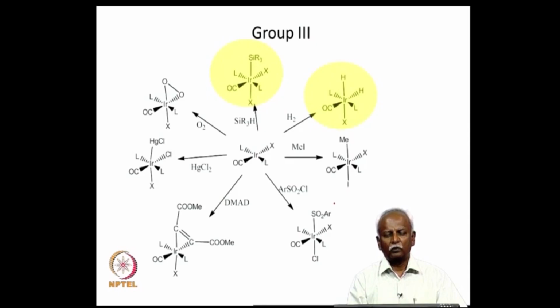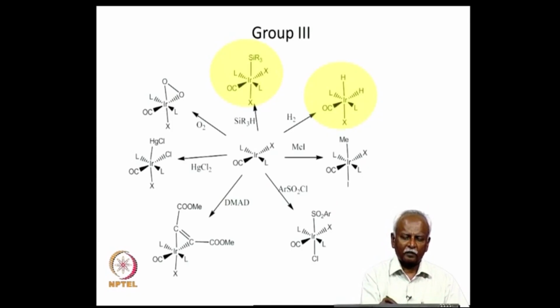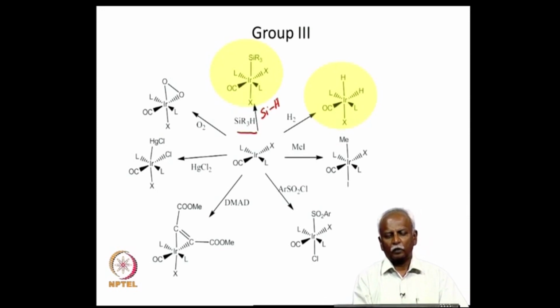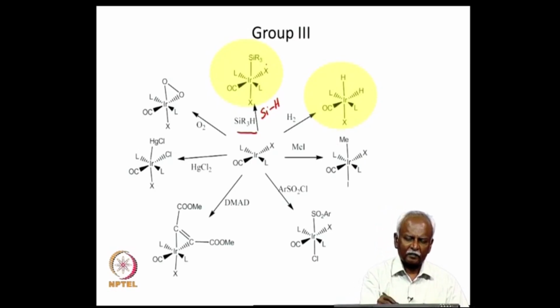There are two examples which are listed with Vaska's complex here, and in both cases you have an iridium(III) complex, formally an iridium(III) complex being formed as a result of oxidative addition of an Si-H bond. Here the Si-H bond has been broken, and you have the addition of H and an SiR3 group.